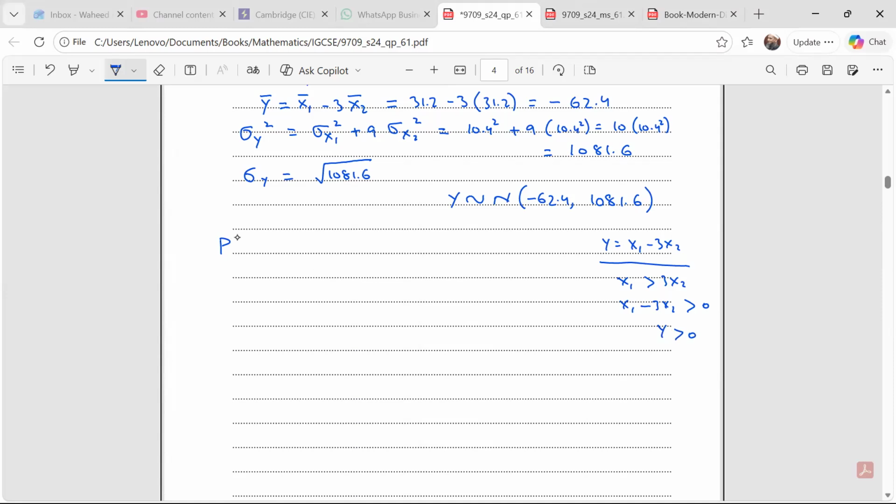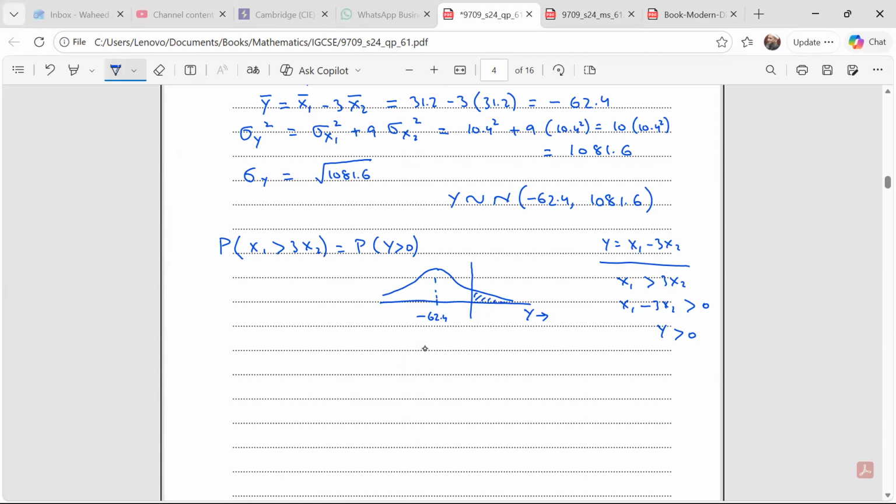So the probability that x1 is larger than 3x2 is the same as the probability that y is positive. Now, we know that y is normally distributed with a mean of negative 62.4. So the probability that y is positive is this area.